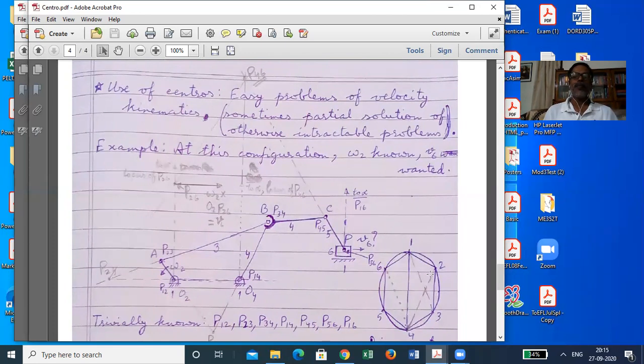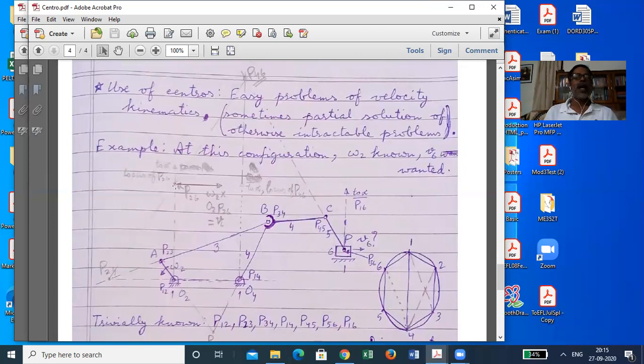And the other line you will get from P24 and P46. P24 you determined earlier, and P46 you have determined now. You connect these two and get another locus for P26.